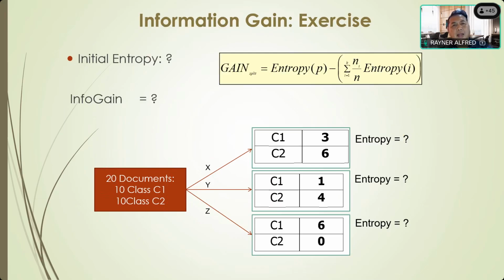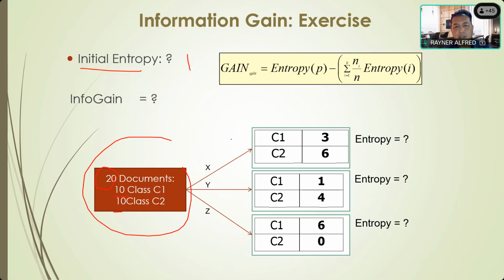So I give you some exercise here. So later on you can do this one. So who knows, it will be in your final exam, kan? So in this example, we have 20. So we have 10 document here. So of course, based on here, the initial entropy will be 1, right? Because 50%.